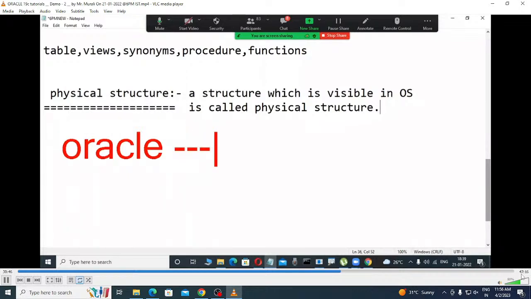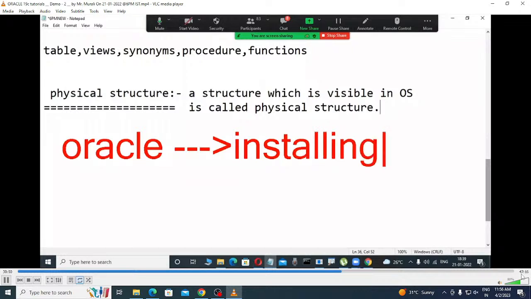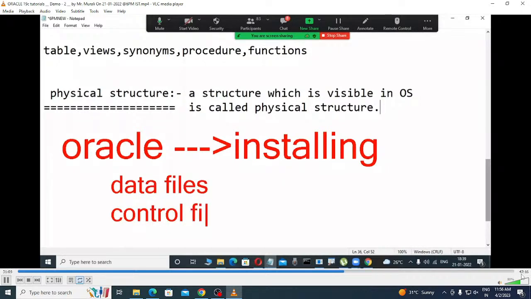Whenever I install Oracle, automatically some physical files are created: data files, .dbf files, control files, and also redo log files. You don't have an idea of these yet. In the future DBA concept, I'm roughly introducing this in our course.